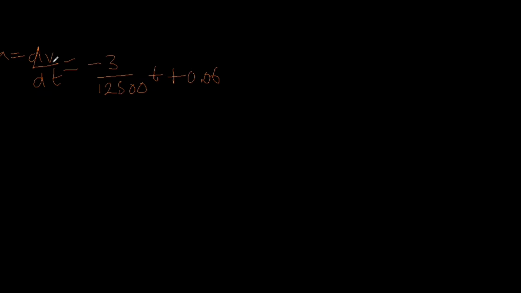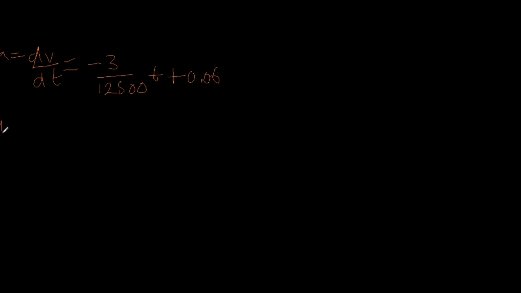So we differentiate the velocity function to get the acceleration function, because the acceleration is the rate of change of the velocity. So the initial acceleration of B, like I said, is the acceleration when time t is equal to 0.